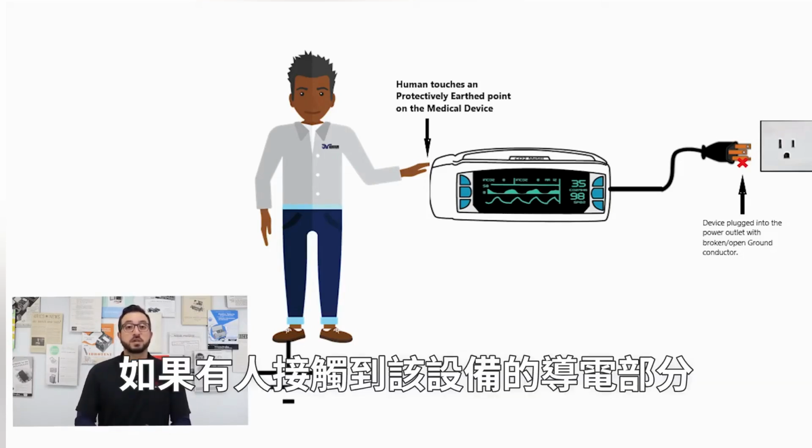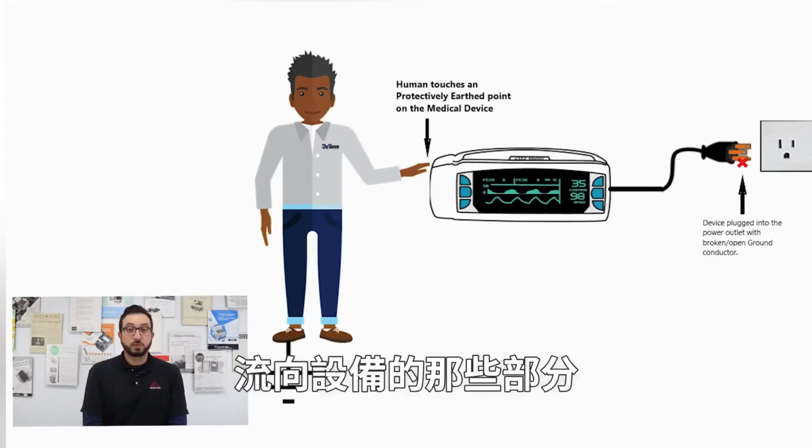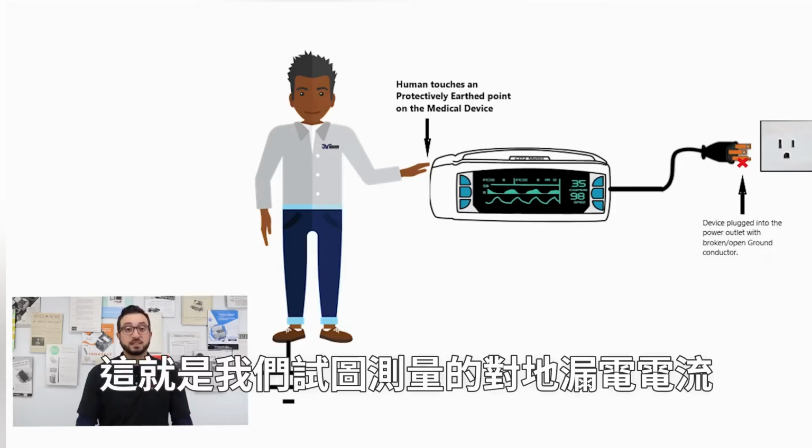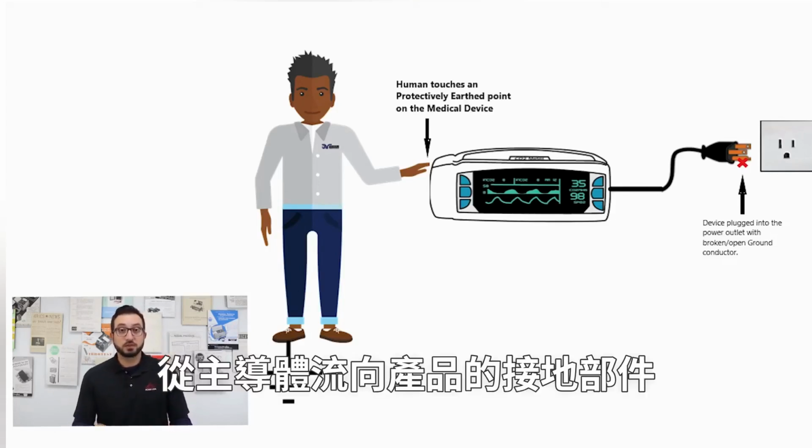If someone comes in contact with a conductive part of that device, on the chassis of the device, that person can feel the leakage current that will be flowing to those parts of the device. And that's the earth leakage current that we're trying to measure: all the current that's flowing from the mains conductors to the grounded parts of the product.